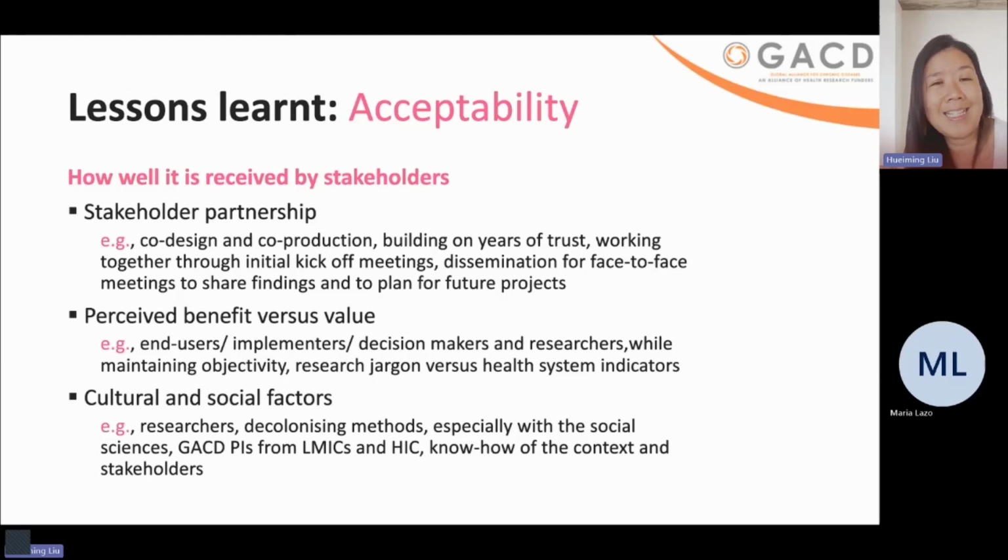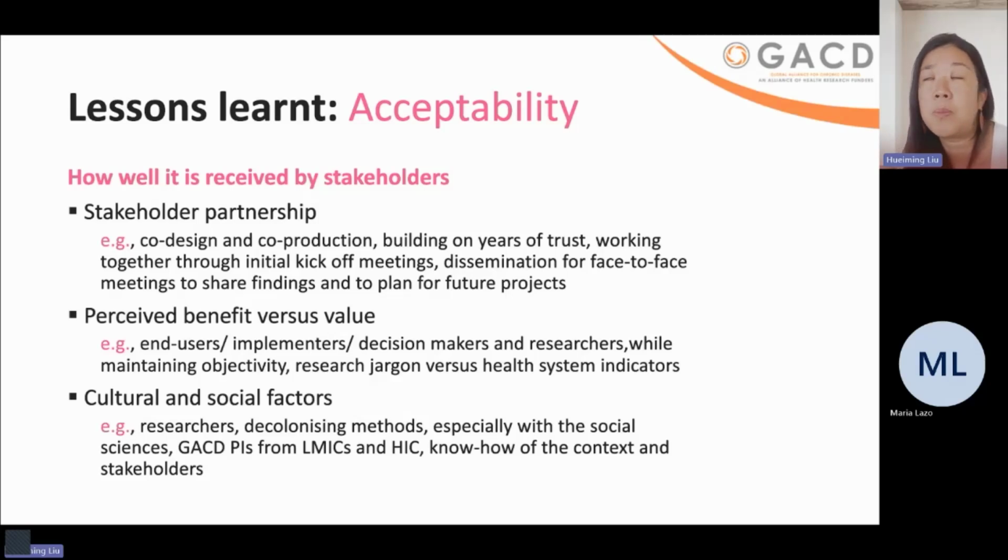However, having said that, the second thing that really came up was perceived silos, or a slight tension between researchers and non-researchers in terms of the perceived benefit versus value of the research findings. So again, it was about how rigorous we want research to be while maintaining objectivity, but also what was feasible on the ground, what was useful to the end users, and what was research jargon versus health system indicators.